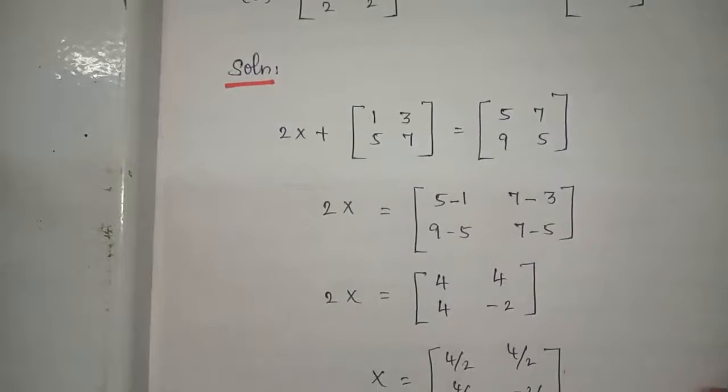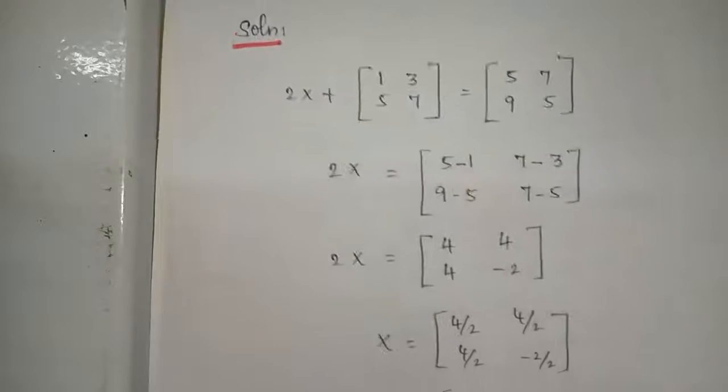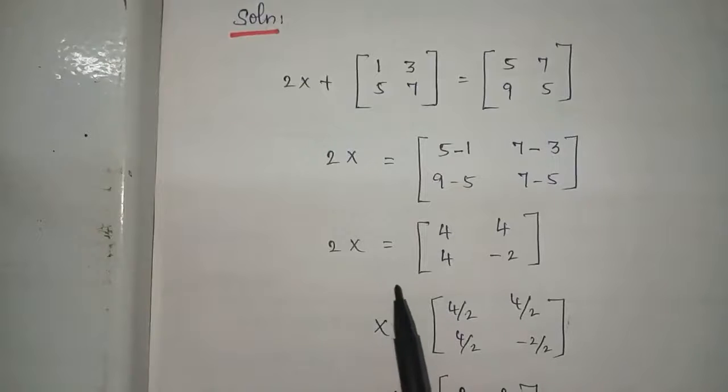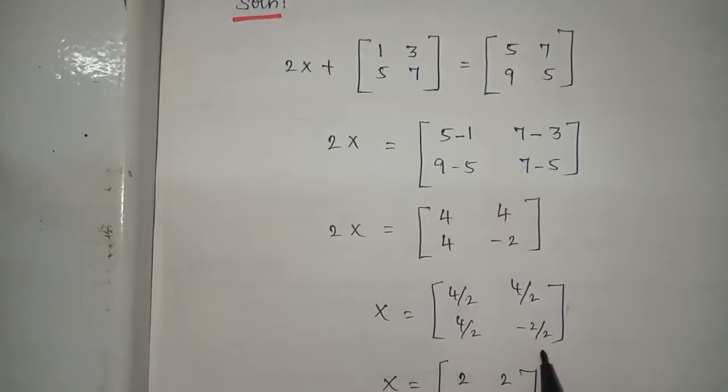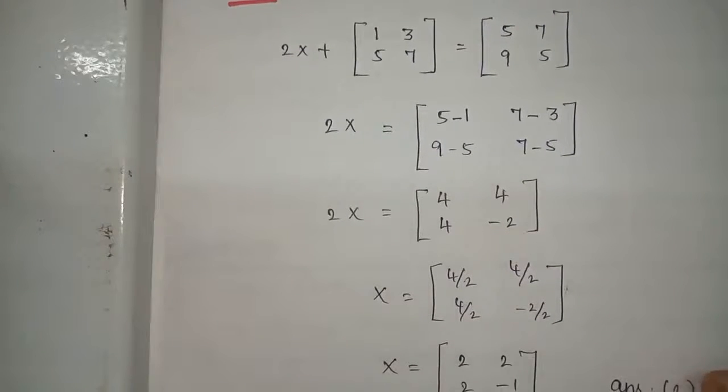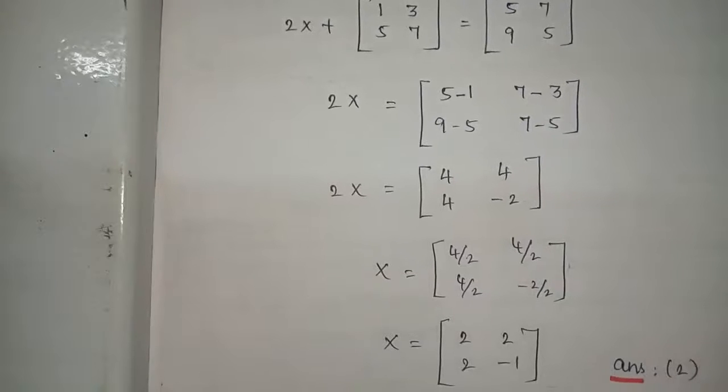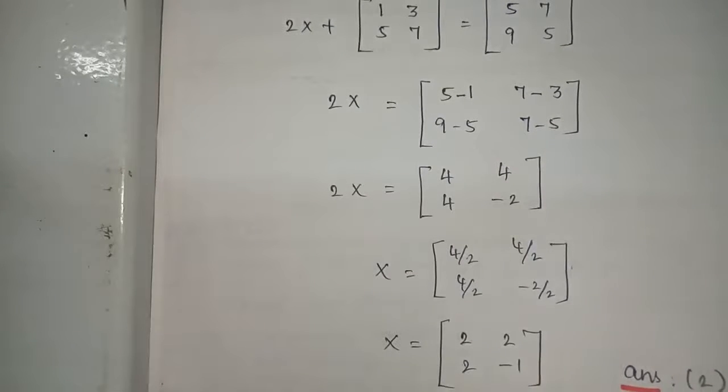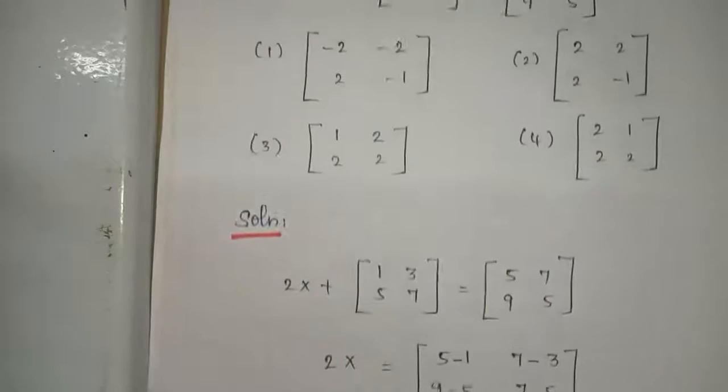Then X is equal to 1 by 2 of the given matrix. So you have to divide each element of the matrix by 2: 4 by 2, 4 by 2, 4 by 2, minus 2 by 2. It gives X is equal to 2, 2, 2, minus 1. So the correct option is option 2.